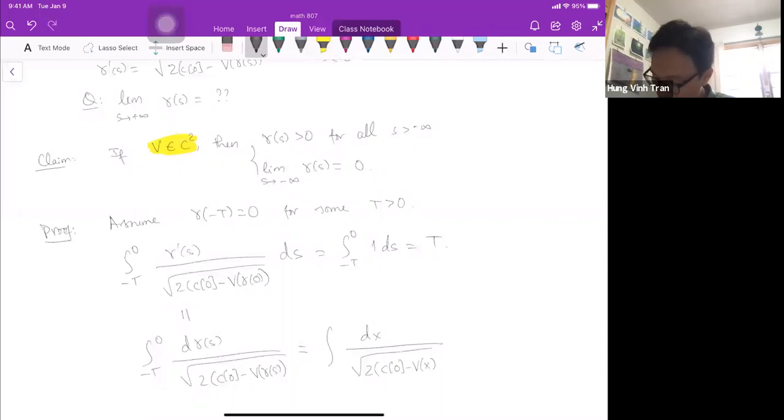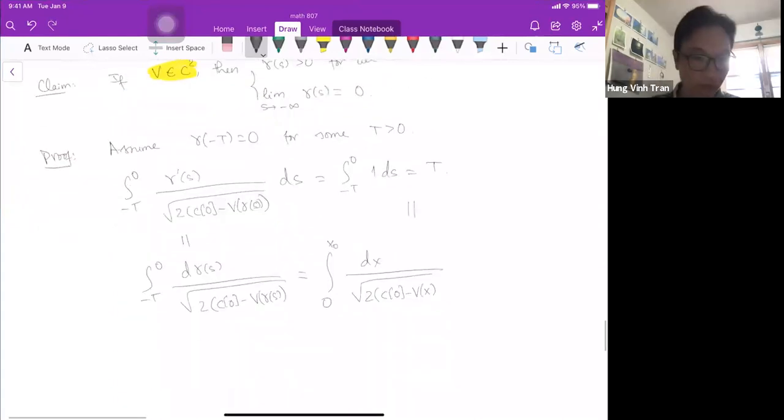When gamma 0 is x naught, gamma of minus t is 0. So you have the integral from 0 to x0 of dx over root of that, equal to t, right? But remember that your function is C2.